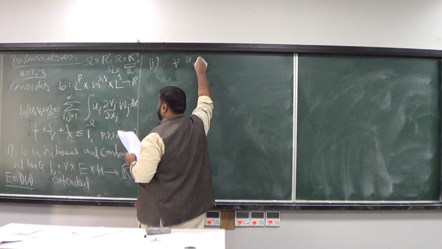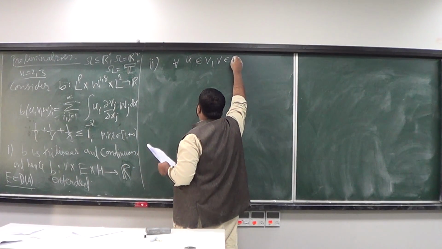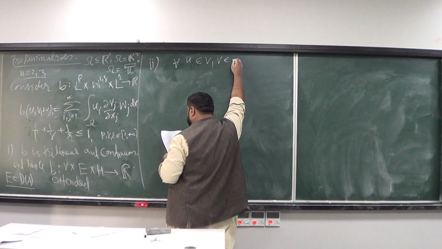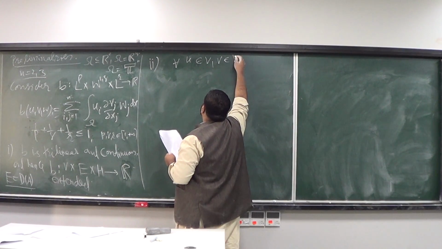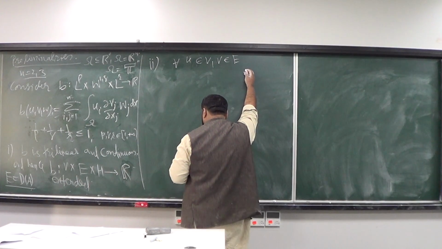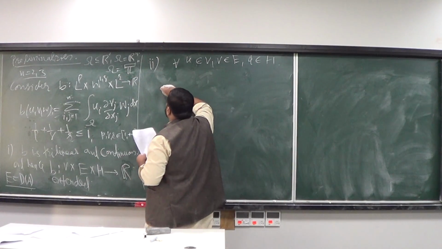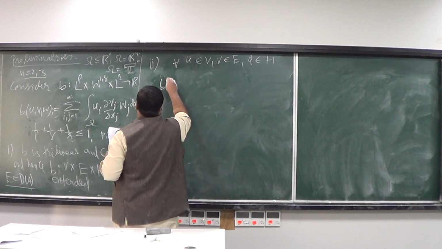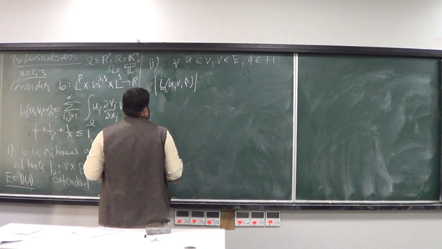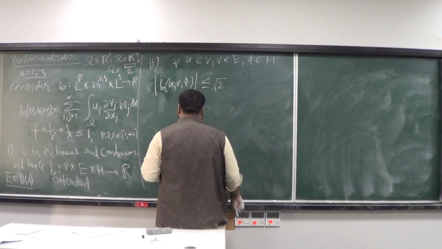That for all u from V, v from E, and phi from H, there is an estimate for B(u,v,phi) that goes like this, and this is equal to square root of 2.